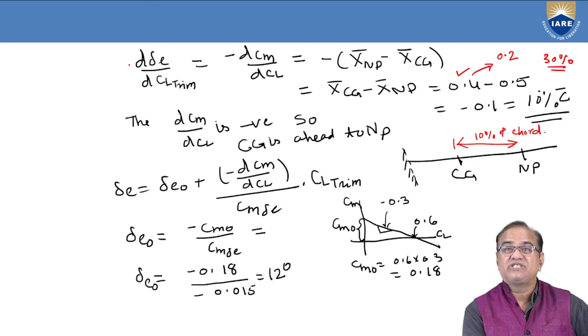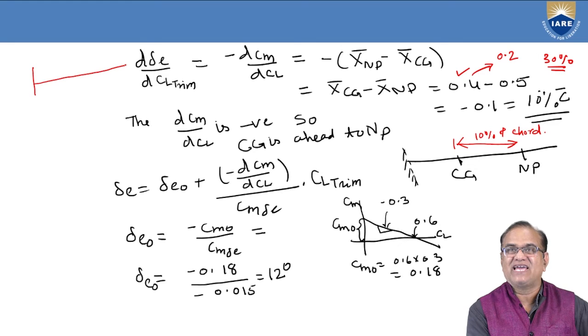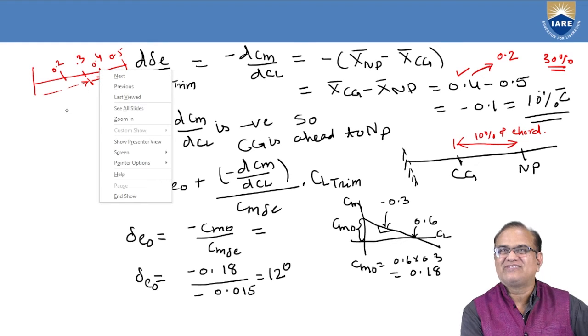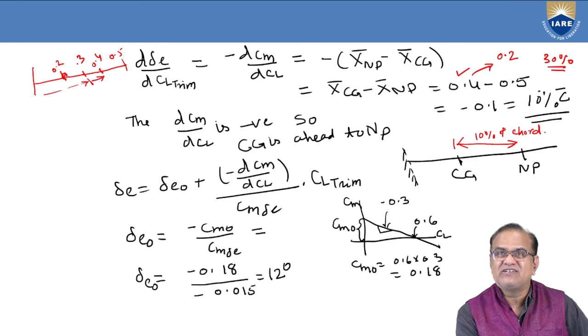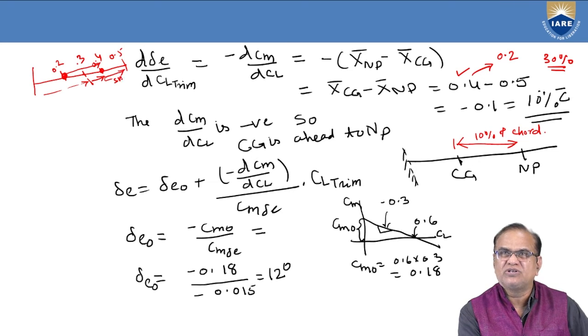So if you see the previous case, this is the 0.2, this is the 0.3, this is the 0.5, and this is 0.4. Previously it was here. Now it is shifted from 0.3 to 0.4. So previously it was here, now it has reached here. This much it has shifted. It means the static margin is reduced by 20%, and aircraft stability also.